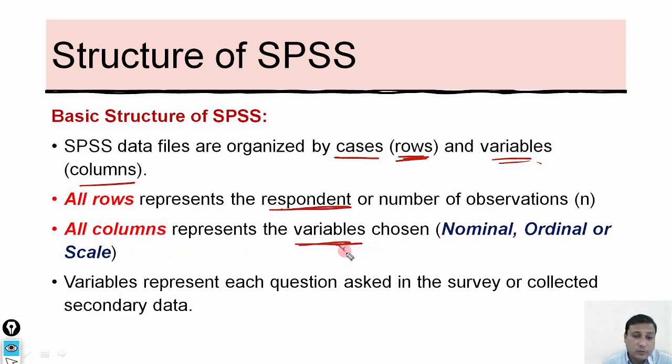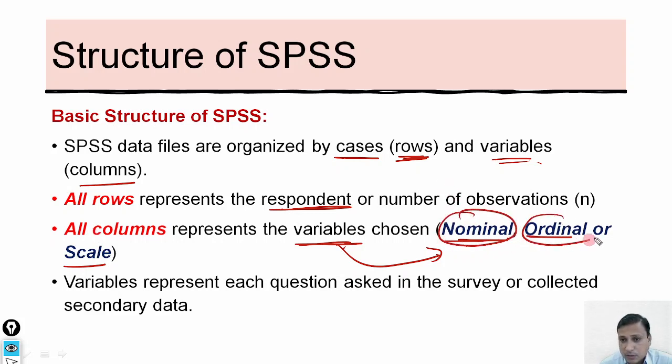As we all know, there are three different types of variables: nominal, ordinal, and scale. In this whole course, these three terminologies will be used very frequently, because this is the base. On this base we will be analyzing our data. Variables represent each question asked in a survey or collected secondary data.